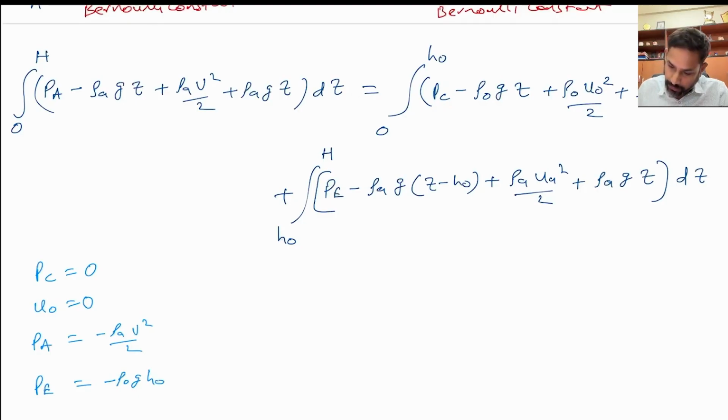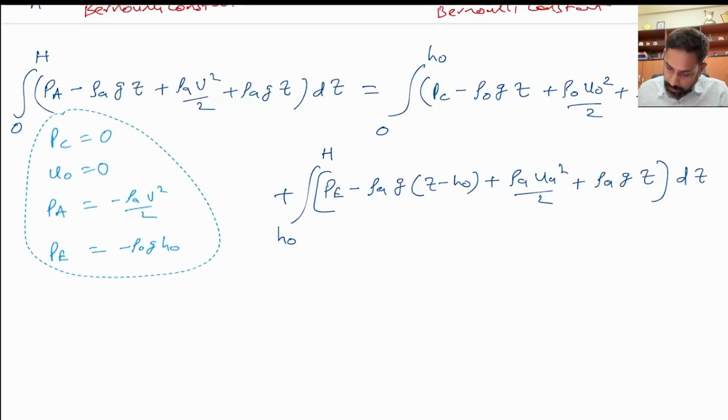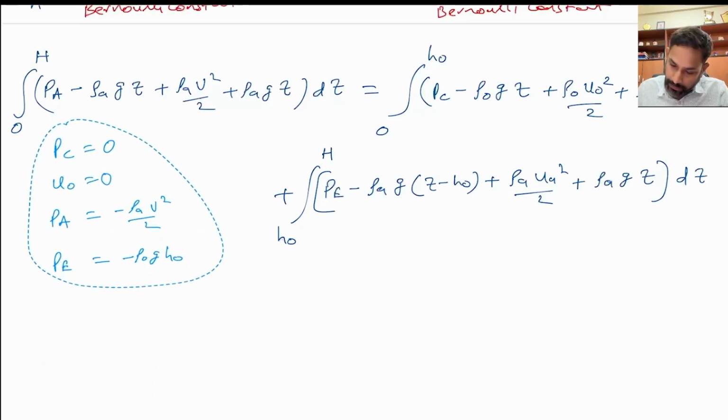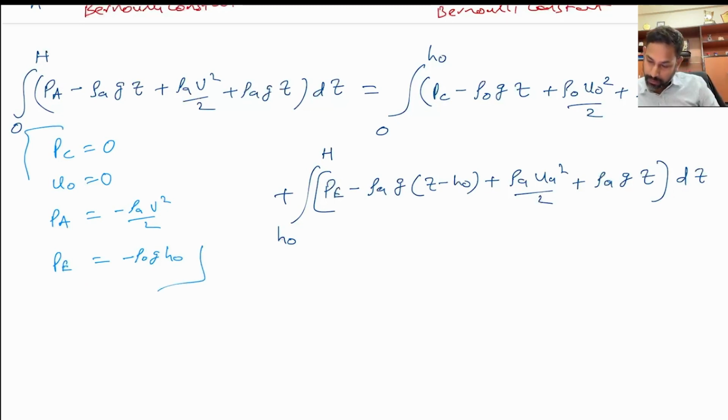Okay, so these are four different parameters that we know, and that's why we can simply use them in this equation.